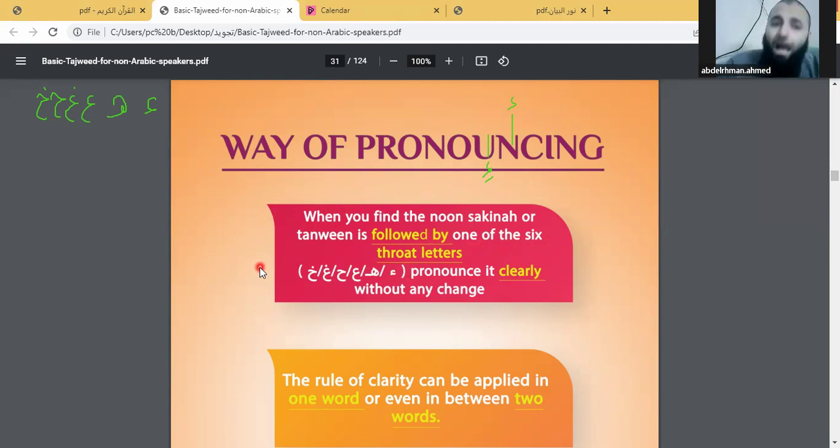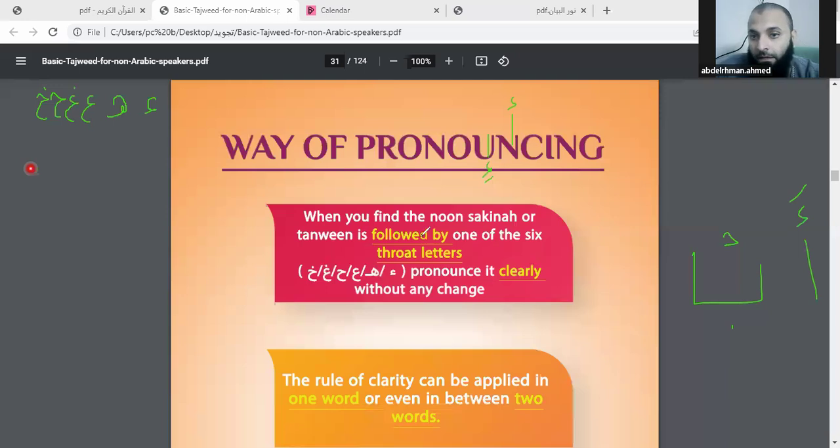How can I know the articulation point of any letter? Let's say the letter ba. Put hamza, fatha before the letter and make the letter sukun, like this: ab, ab. As you can see, the articulation point of ba is the two lips.